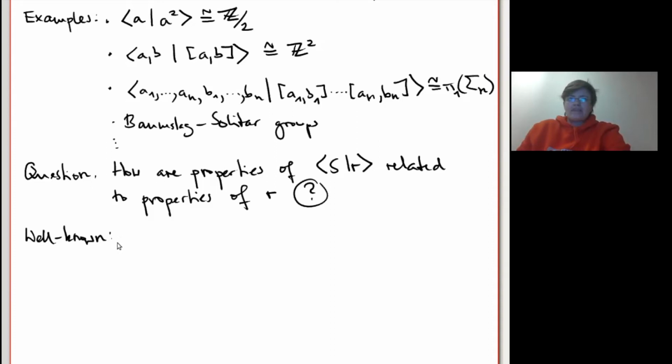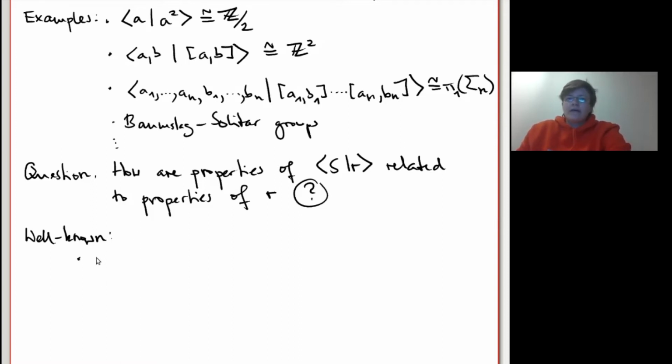We have seen the first example, where we have one generator A and we divide out the relation A squared. In this case, the relator is a proper power, and at least in this case, you get torsion. One might naively believe that if this element is not a proper power, then you don't have torsion. And in fact, this is true.